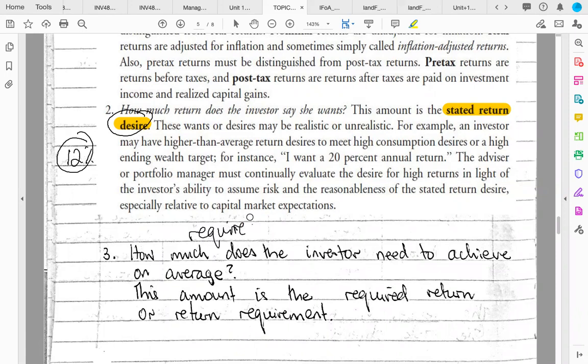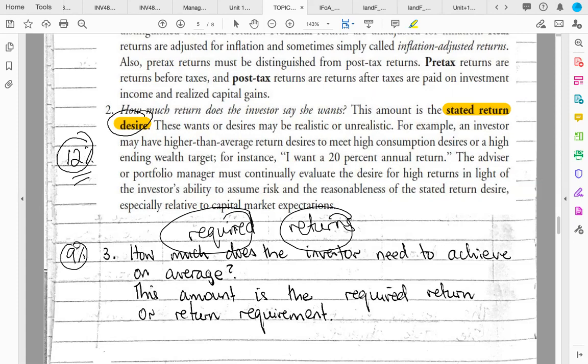What you require and what you desire are two different things, okay? The required return is like the minimum return you require to be able to meet all your needs, whereas the desired return is what you would want. So a person might have a desired return of 12%, but they might actually just require a return of 9%.